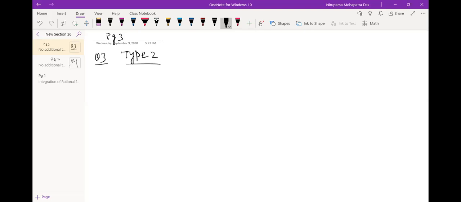So in type 2, you can say the denominator contains repeated linear factors.